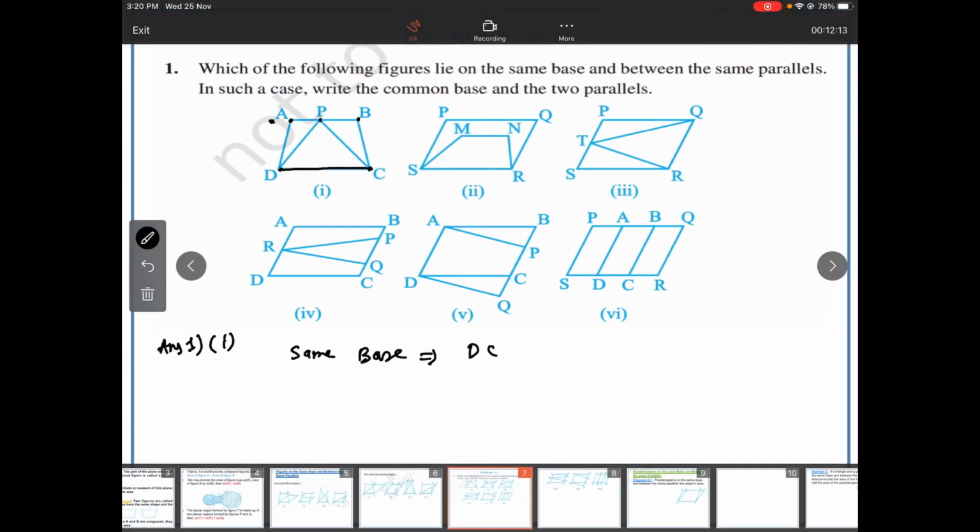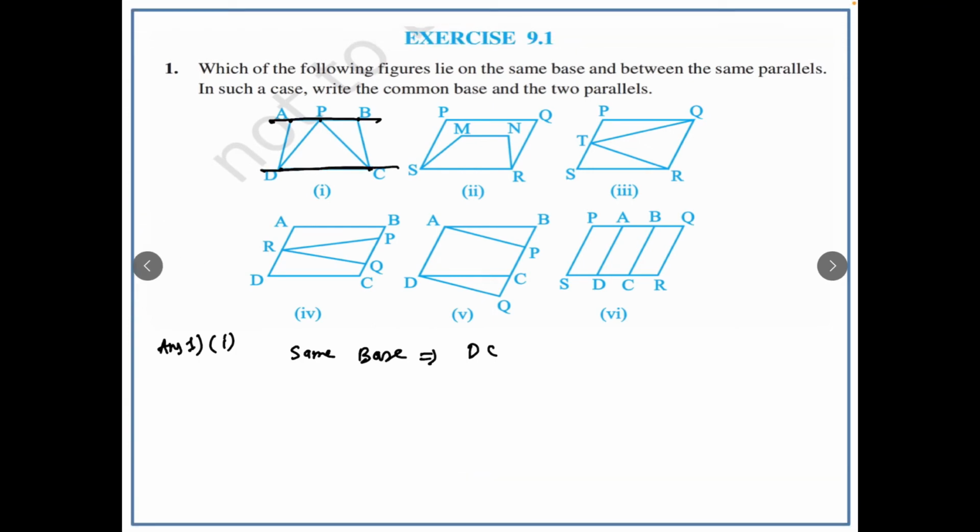If you extend these two lines, you will find that these are the common parallel lines for both the figures. So the parallel lines here are AB parallel to DC.